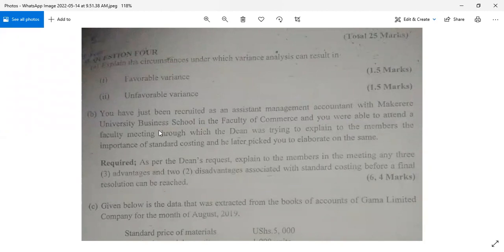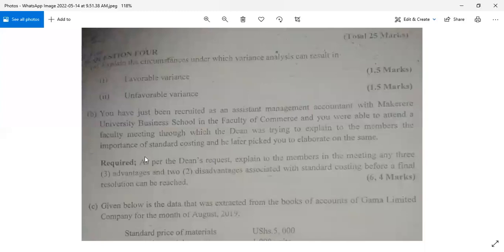Then part B says that you have just been recruited as an assistant management accountant with Makerere University Business School in the Faculty of Commerce, and you were able to attend a faculty meeting through which the dean was trying to explain to the members the importance of standard costing, and he later picked you to elaborate on the same.